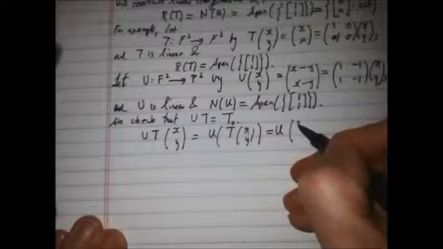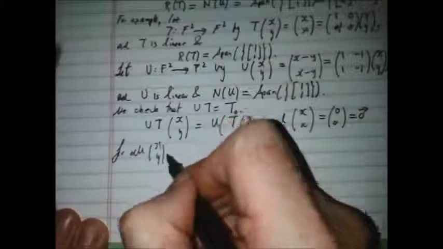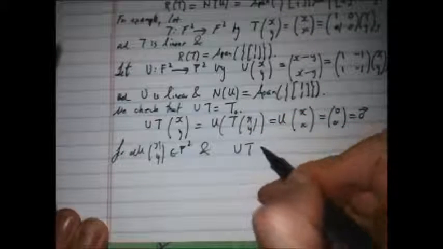T of (x, y) is (x, x), and U of (x, x) is clearly (0, 0), which is the zero vector, for all vectors (x, y) in F2, and that means UT is the zero transformation.